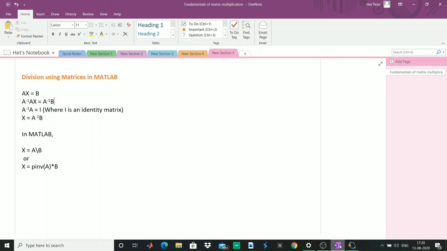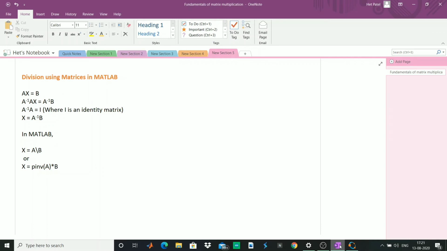So what is A inverse? A inverse is basically the adjoint of A divided by the modulus of A. I will be teaching you what the inverse of matrices is in the next video, but for now you should have a look into a mathematics textbook and see what an inverse is to get a better understanding.